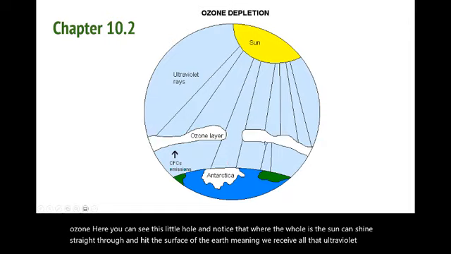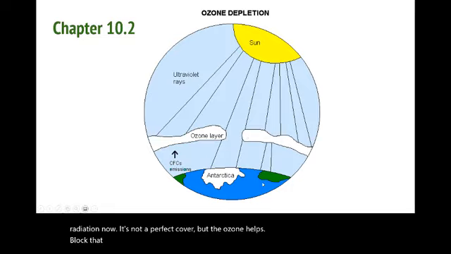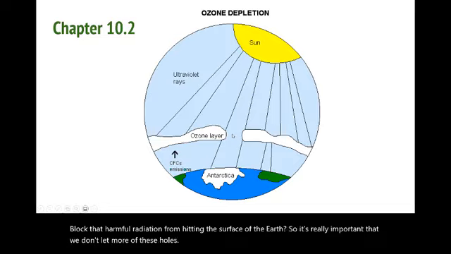But where the ozone is present, you'll notice that we receive less of that harmful radiation. Now, it's not a perfect cover, but the ozone helps block that harmful radiation from hitting the surface of the Earth. So it's really important that we don't let more of these holes or more of the depletion take place.